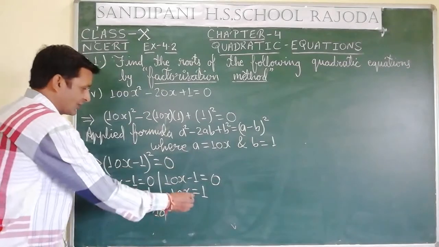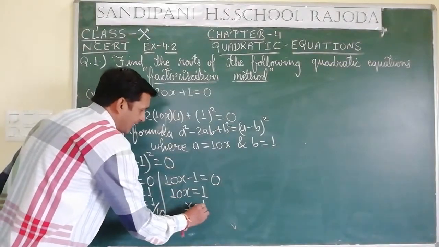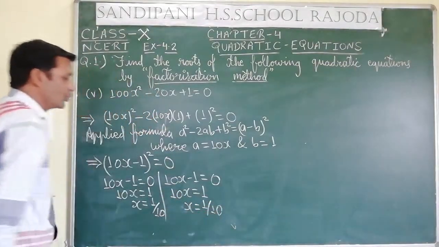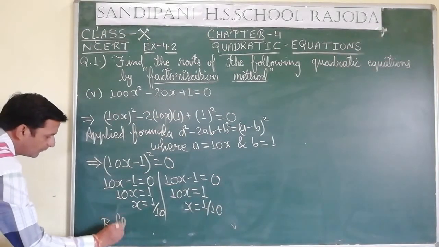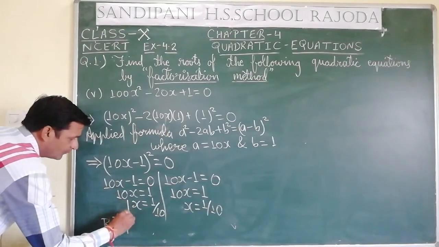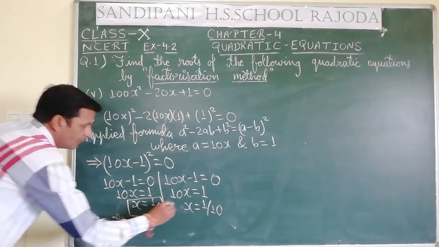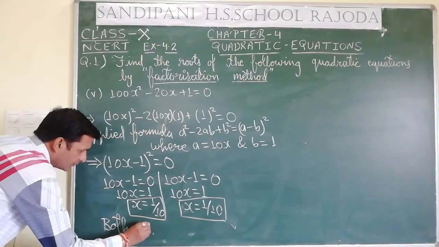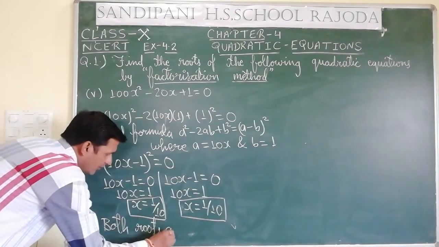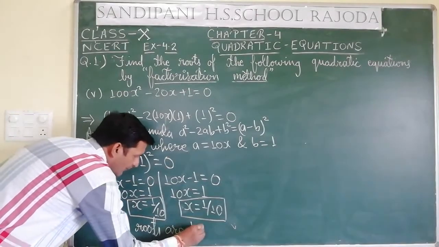So 10x is equal to 1 again and x is equal to 1 by 10 again. So both roots are 1 by 10 only.